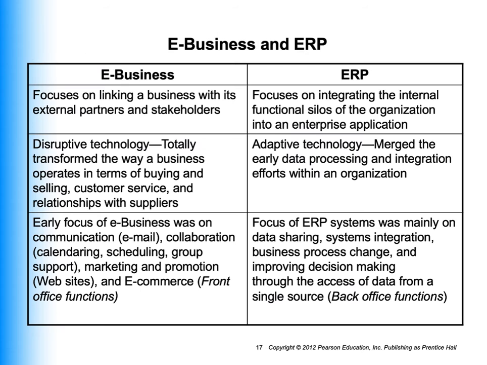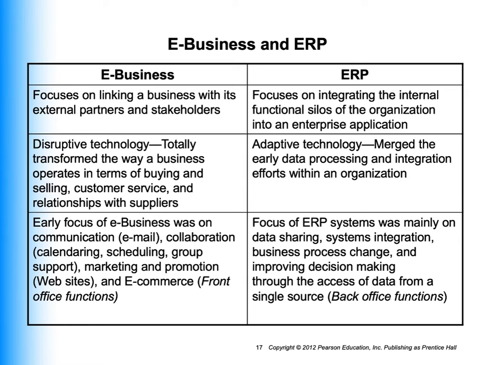Next, we take a look at e-business and ERP. E-business could be things like e-commerce, website, as compared to ERP. So e-business, we know that linked to external partner and quite disruptive in terms of technology, where the new website could be coming in.